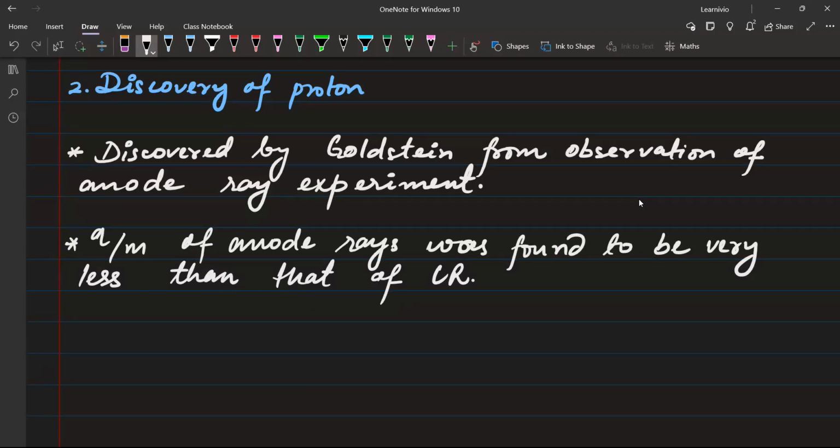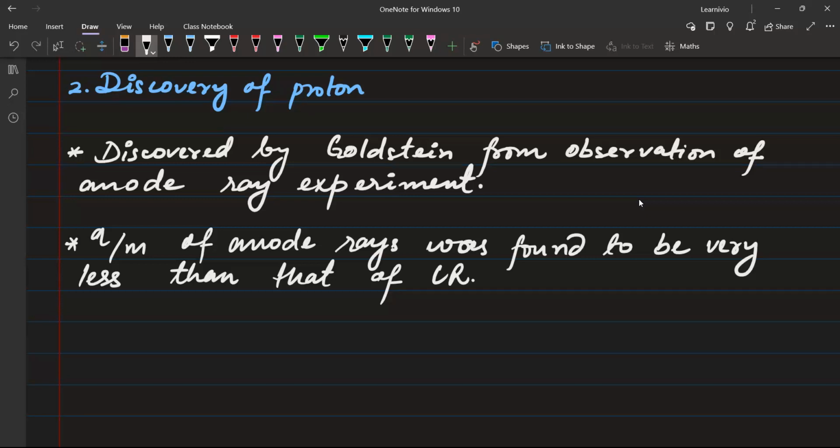They assumed that whatever negative charge the atom had, the same amount of positive charge the atom will have, because the atom is neutral. So Q will be the same, but the Q by M ratio was coming out very less. That means the mass of the anode rays should be much higher.